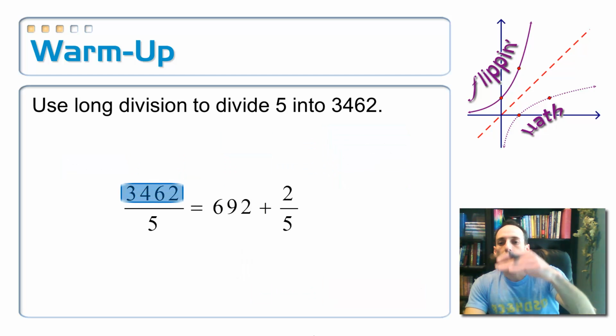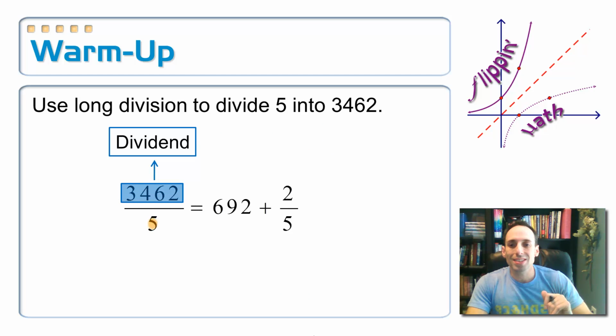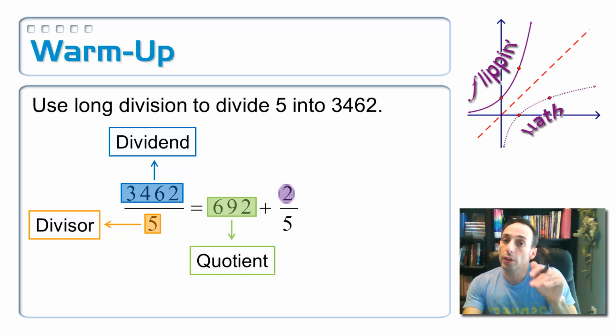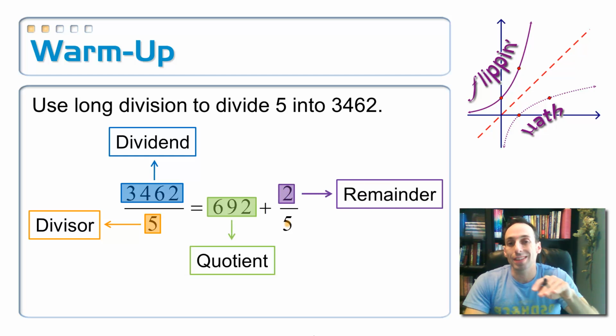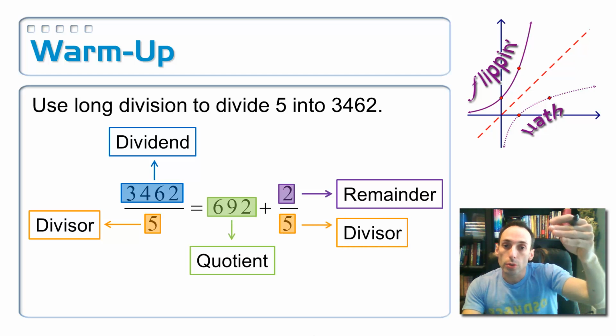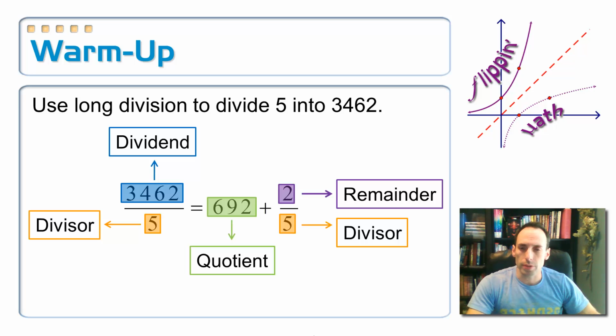If I were to divide 3,462 by 5, 5 is the divisor, so what I'm dividing by. 3,462 is the dividend, what I'm dividing into. 692 is the quotient, that's the answer. The remainder, 2, goes on top, and 5, what I divided by, the divisor, goes on the bottom.